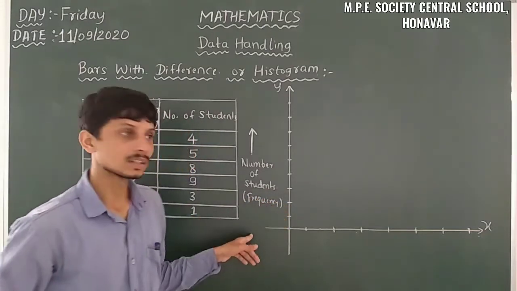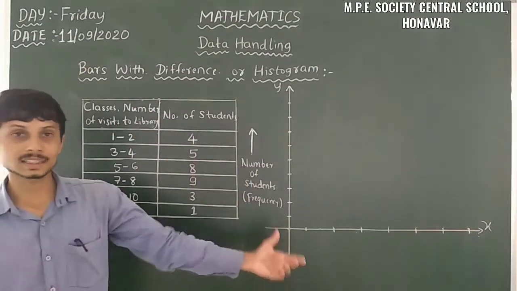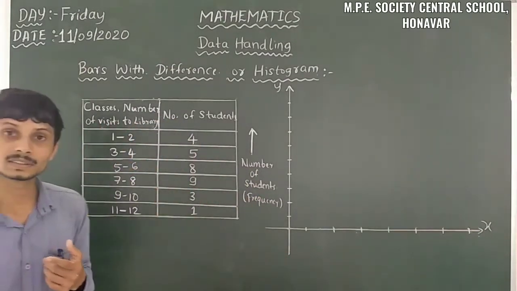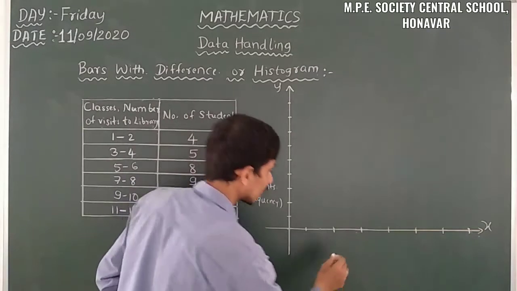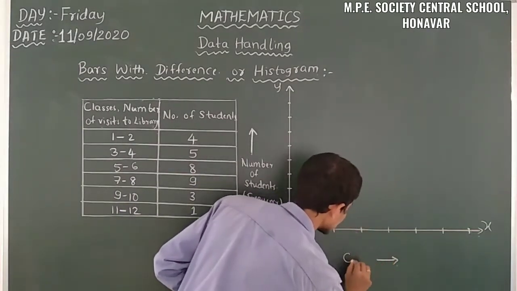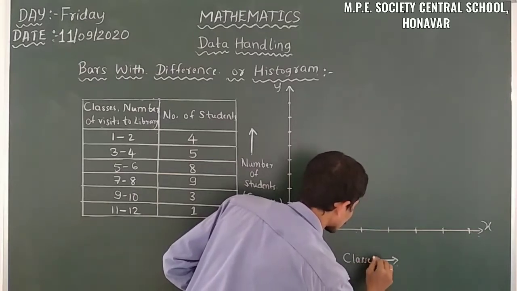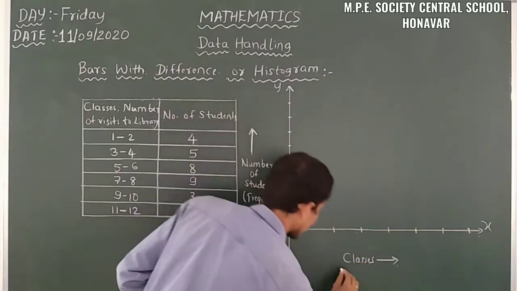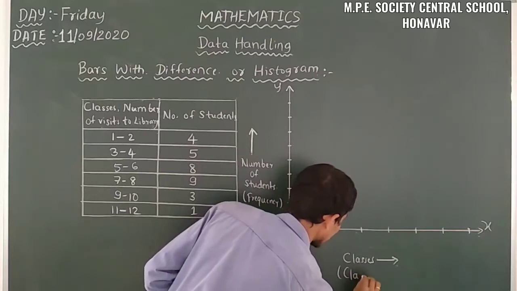Both are possible. Then in the case of the x-axis, we take the number of visits to the library, the classes, or the class interval. So we can take it as class interval.